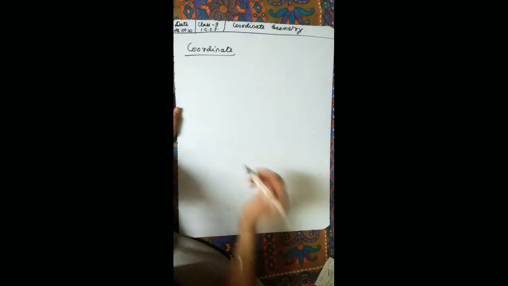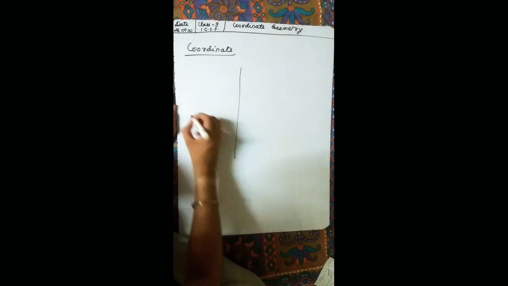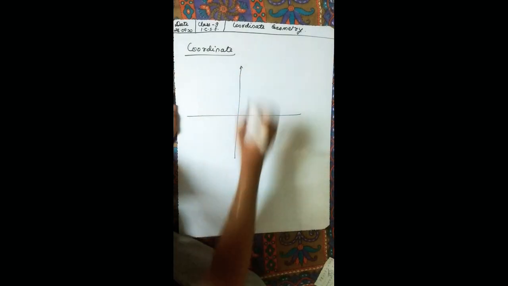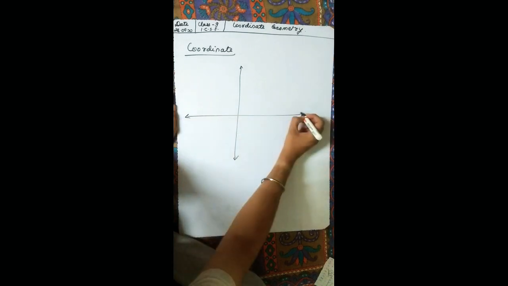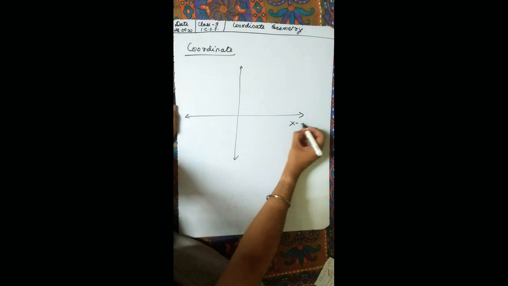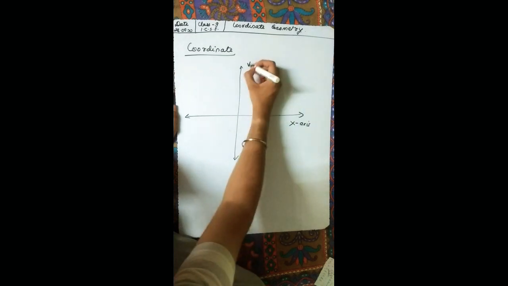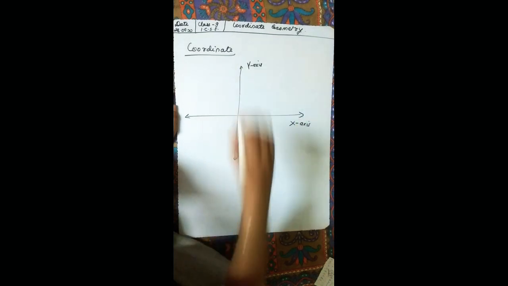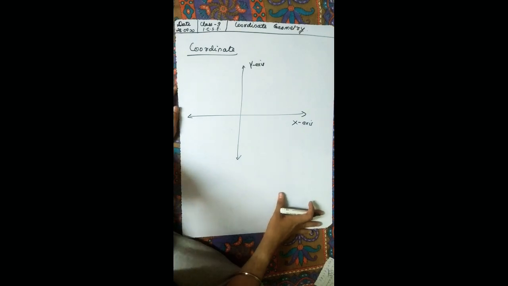If you have dealt with graphs in the previous classes, you would have seen this type of axes we are dealing with, where this is called the x-axis and this is called the y-axis.